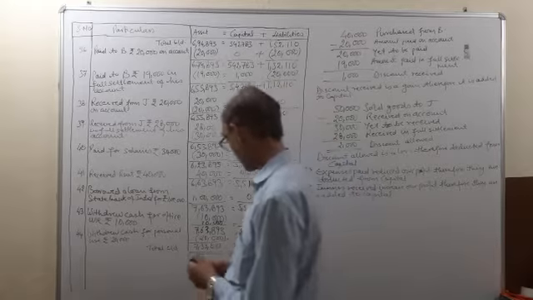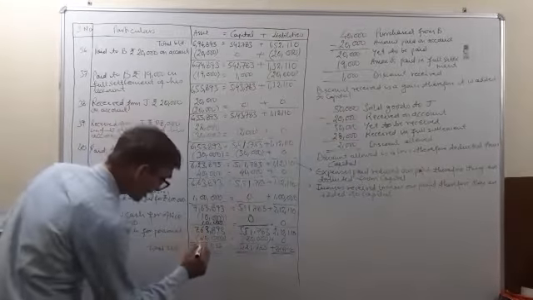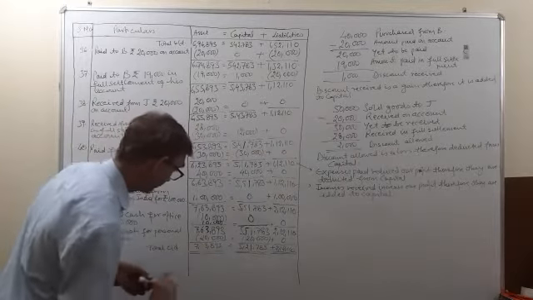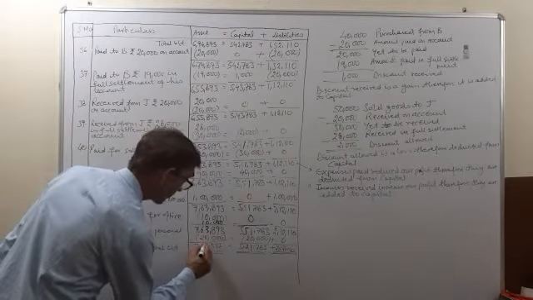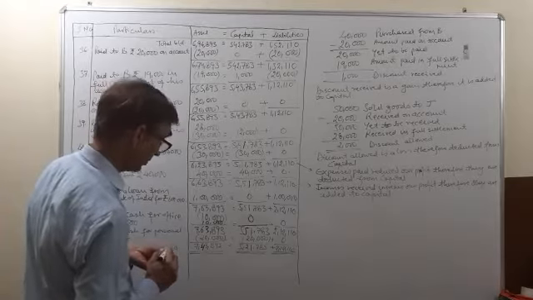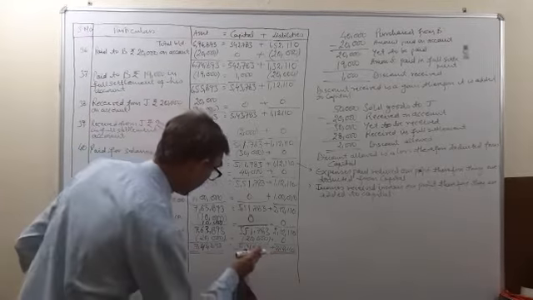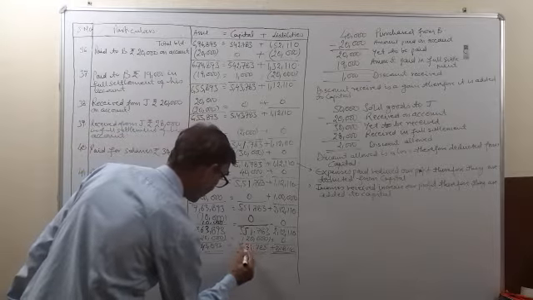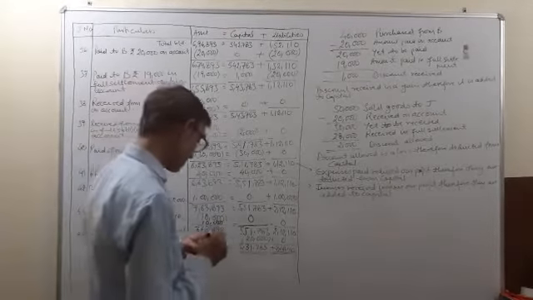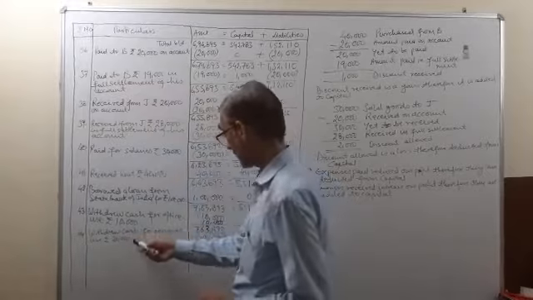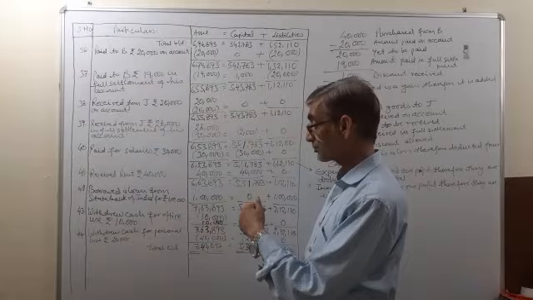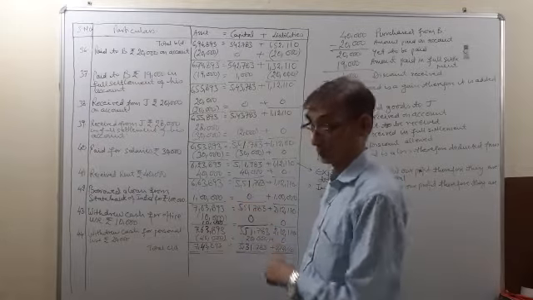Now the next transaction is withdrew cash for personal use, rupees 20,000. 20,000 has been withdrawn for personal use.